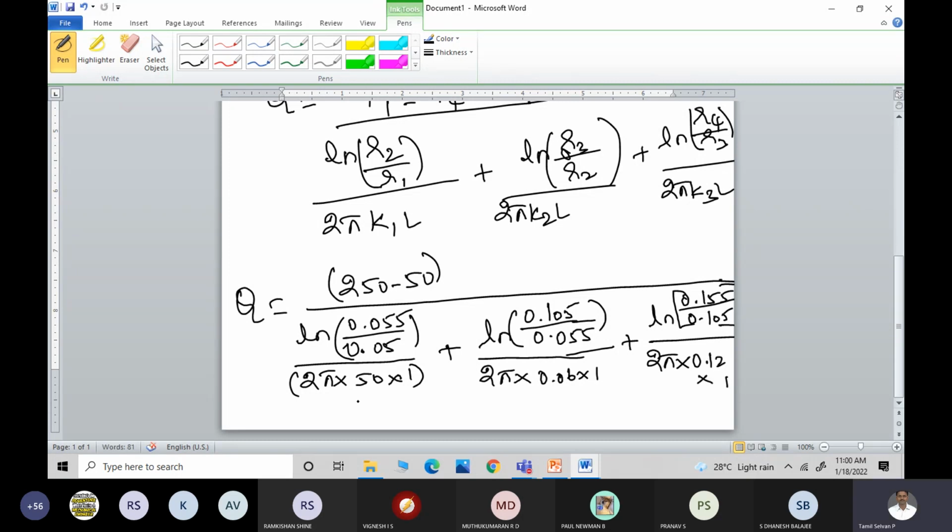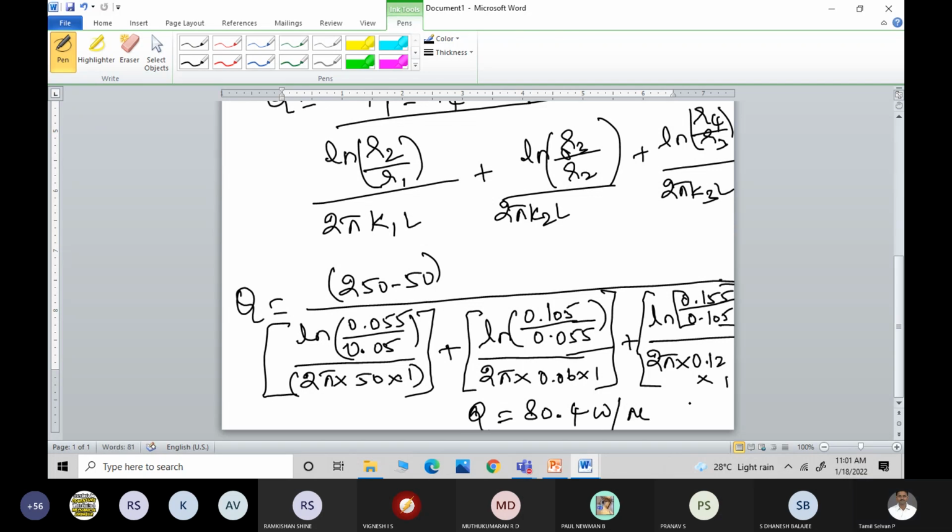Now find out Q. First find out this term individually, and this one individually, and the last one. Q is 80.6, or 80.4 watts per meter.